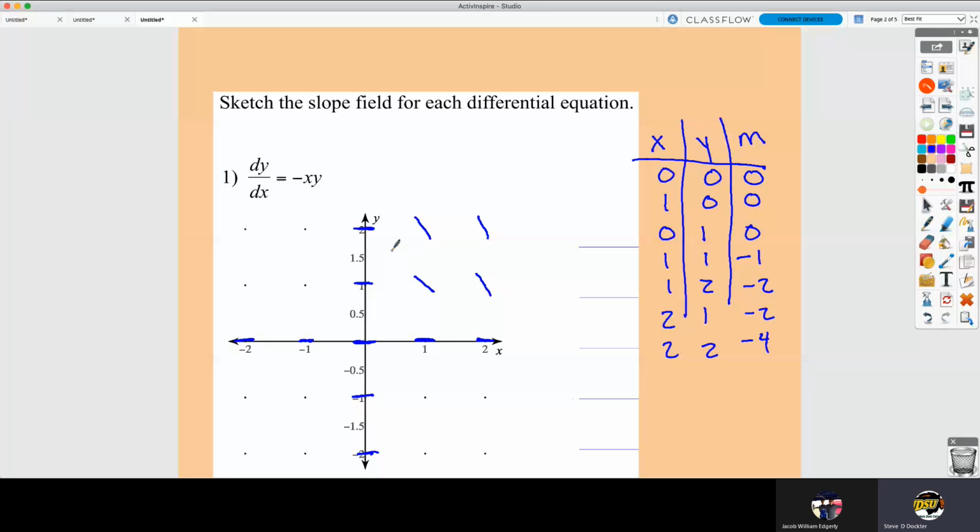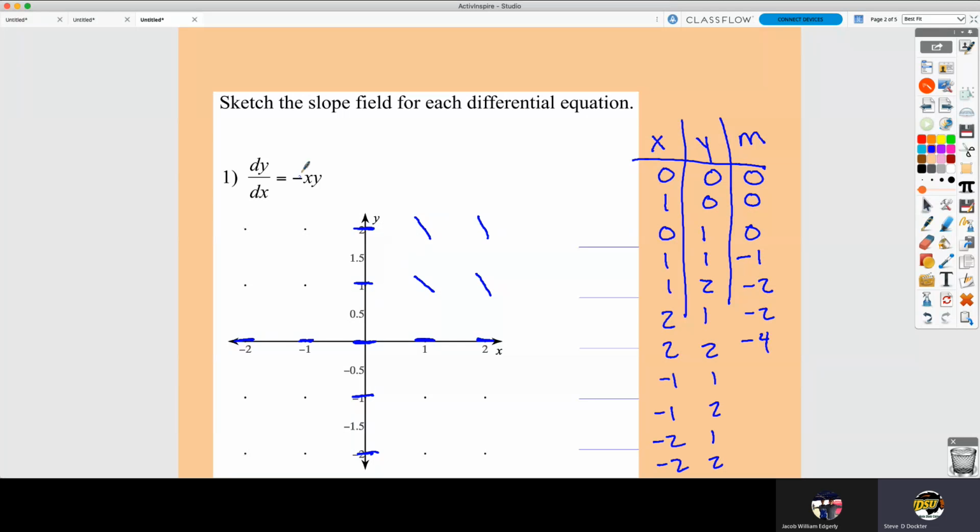Okay. So from here, we just go to another quadrant and we do the exact same thing. All right, so say we come over to quadrant 2 and we've got -1, 1, -1, 2, -2, 1, and -2, 2. From here, -1, 1, we plug that in.